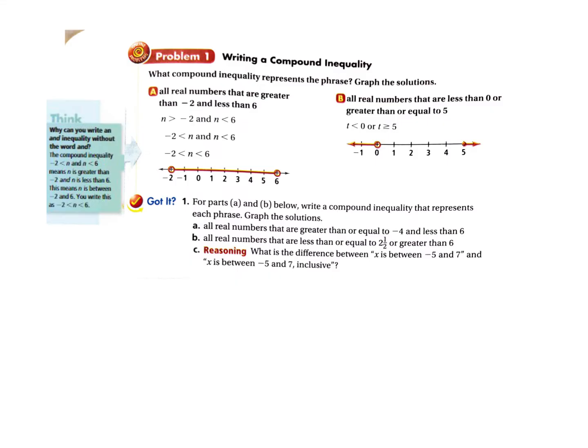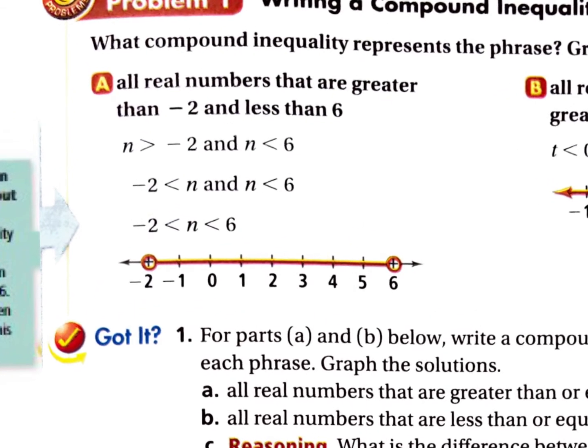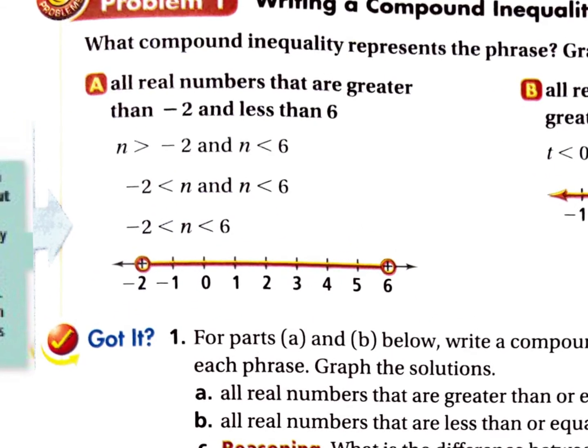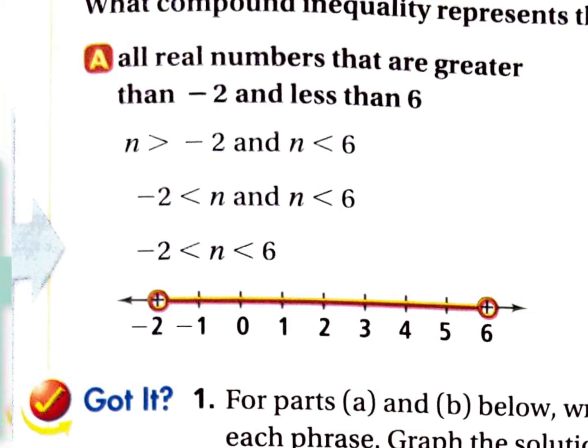So if you look at problem 1, they want us to write a compound inequality. So for part A, all real numbers greater than -2 and less than 6. To start with, they just wrote the two inequalities that would make up that compound inequality.